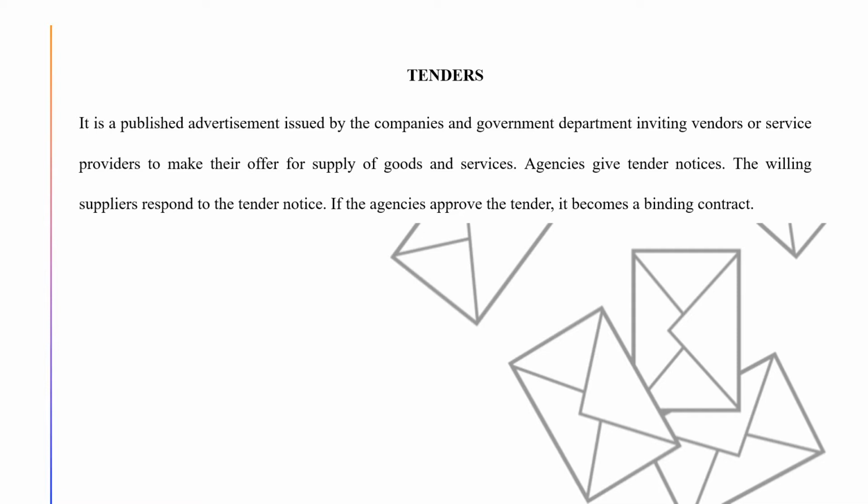Once they get an offer, the companies which are willing to take up the offer will write a tender mentioning whether they are going to take up the project and for what rate, what will be the price range for all the project material and all those things. They will write a contract, and that letter is what is called a tender notice. This will be sent back to the company or the government which has offered the project. That kind of letter is what we call a tender. If the tender is approved, it becomes a binding contract.